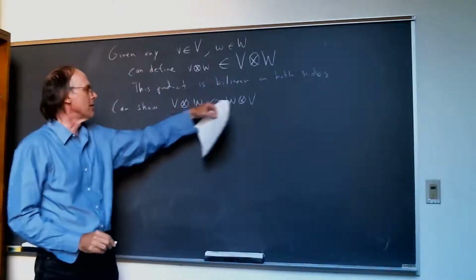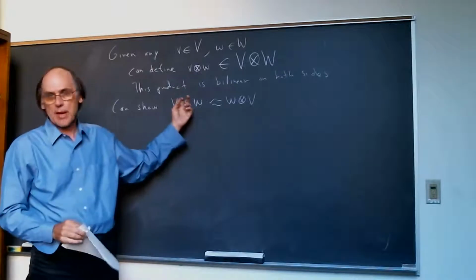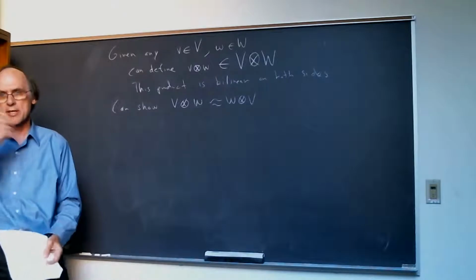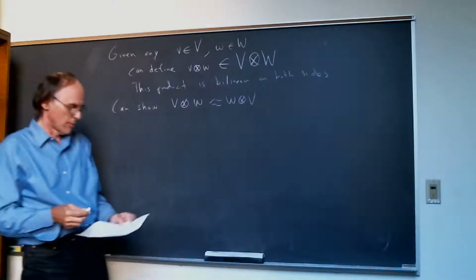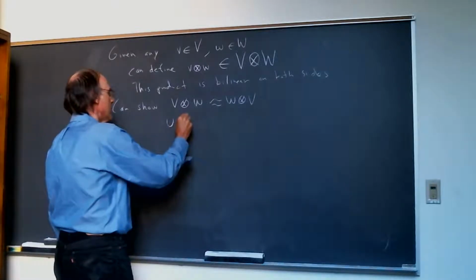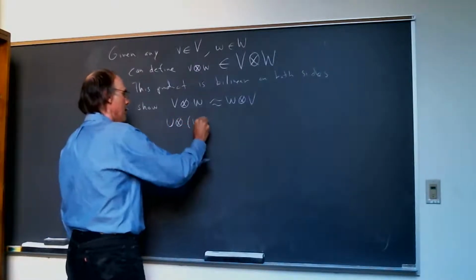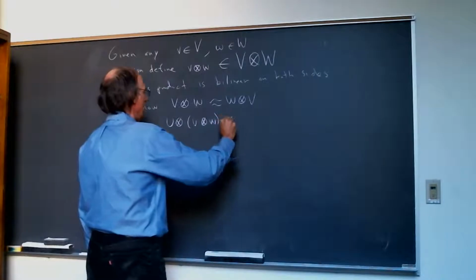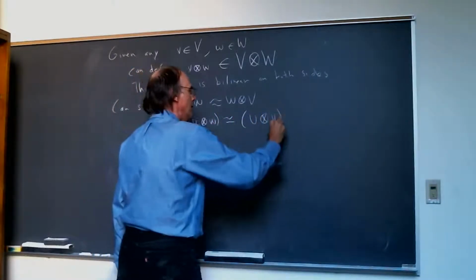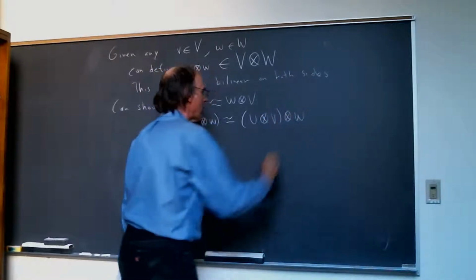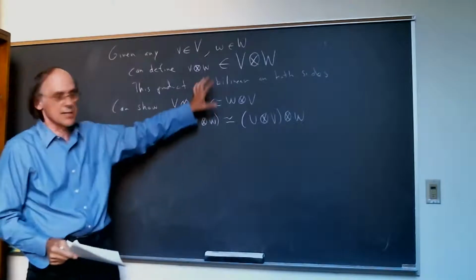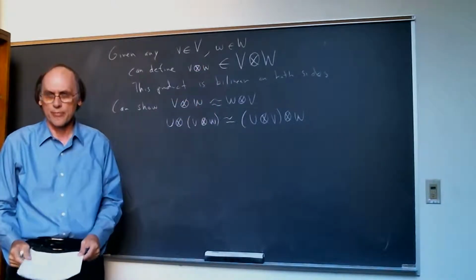In practice, it doesn't matter which one you have first. The ordering doesn't matter. This isn't a non-commutative kind of problem, and it's also associative. There's an isomorphism there too. So it has nice product properties in this somewhat abstract sense.